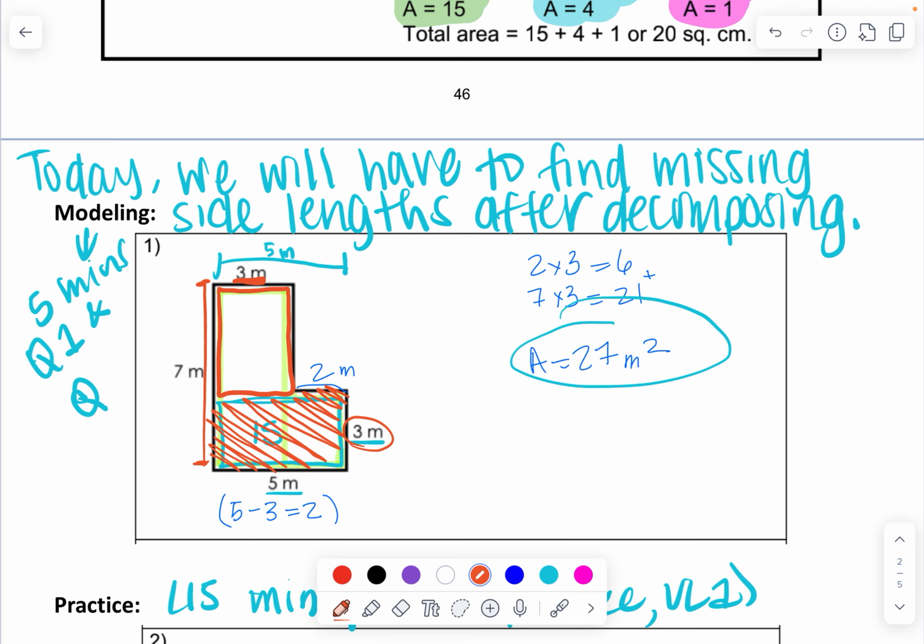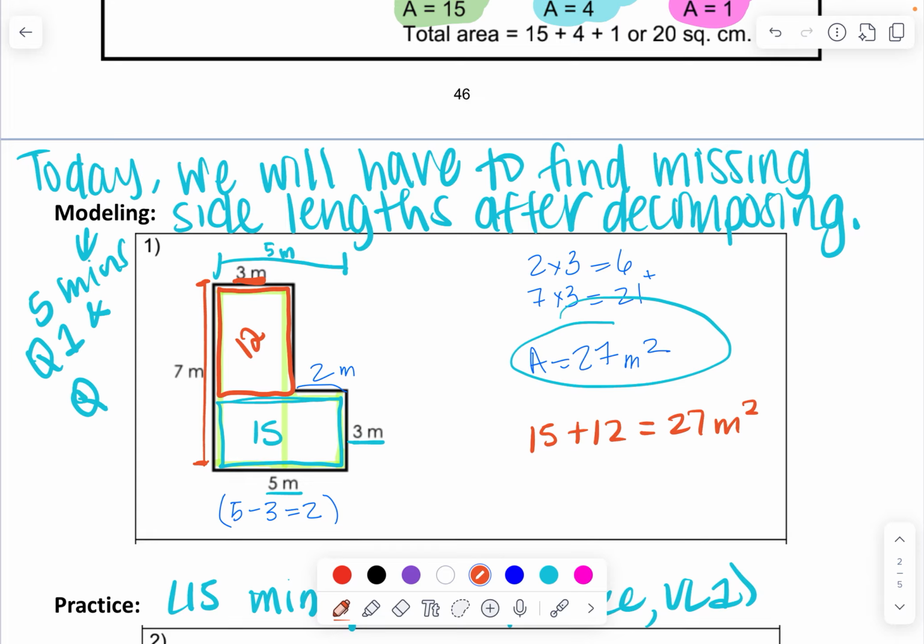We have to pretend like it's not there. 3 is no longer there, meaning that the length of the orange is actually 4, because 4 plus 3 gives us a total length of 7. So when we do 4 times 3, we now get 12. And so adding those together, 15 plus 12 gives us 27 meters squared.